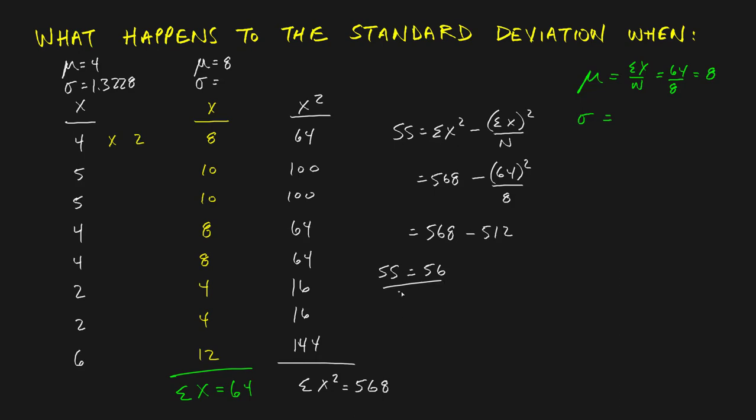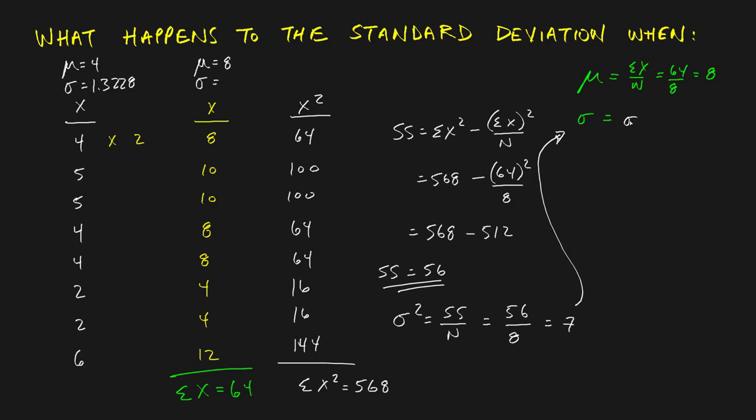The sum of squares helps me to find my variance, which is the sum of squares over n. And so that is 56 over 8. That comes out to be 7. Now, 7, I have to take the root of that because I'm looking for my standard deviation.